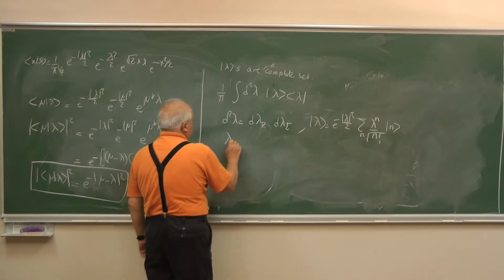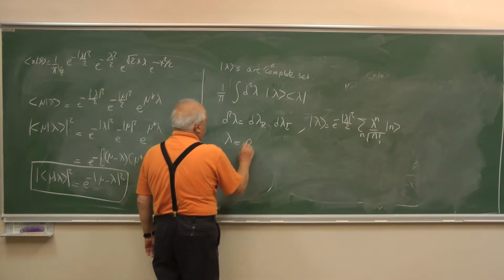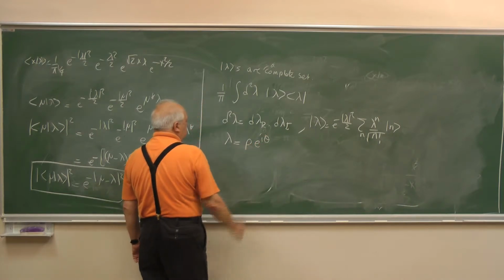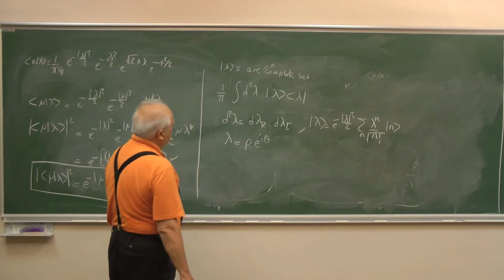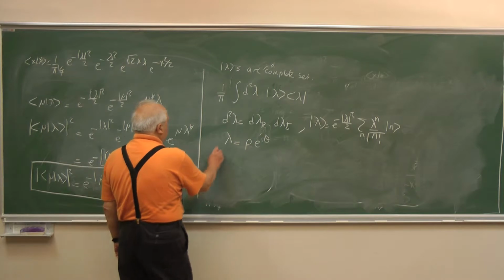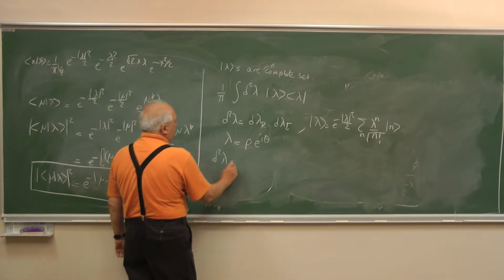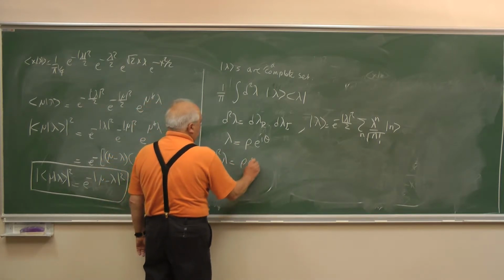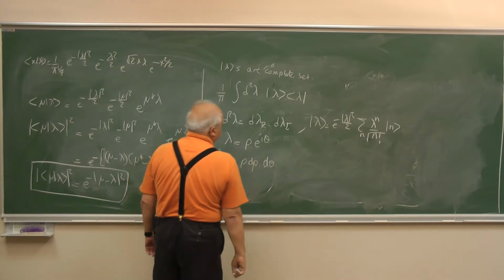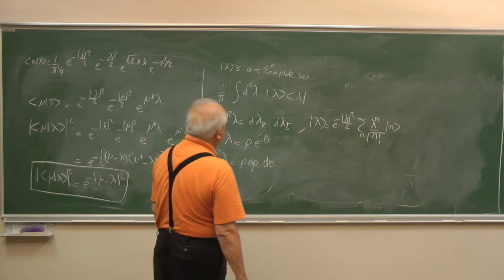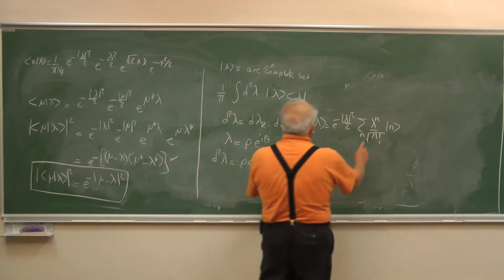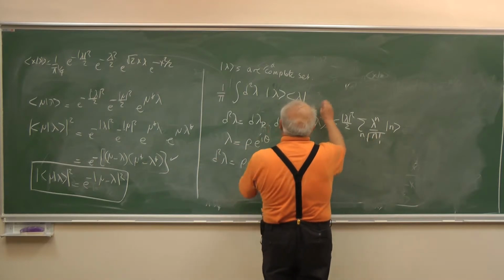To use polar coordinates, we write lambda as rho times e to the i theta. So this is the phase of lambda, and rho is the modulus, the magnitude of lambda. So d square lambda is rho d rho times d theta.